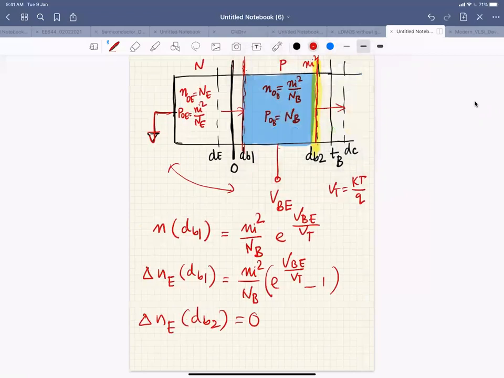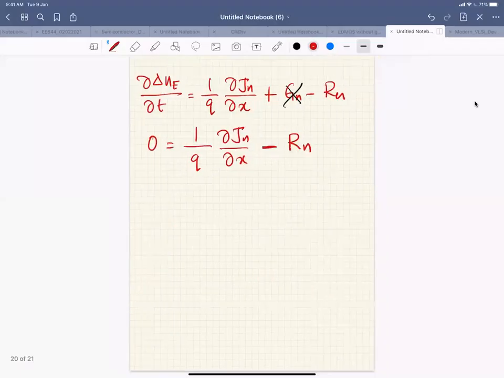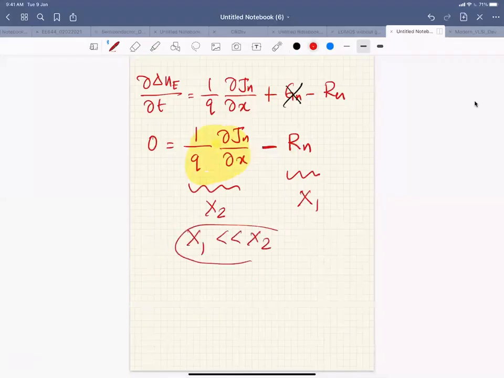But most of this change in carrier density over time comes from the injection part. So for the time being, if you look at these two components, let's say this is x1 and this is x2, and the contribution of x1 is much less than x2, right?